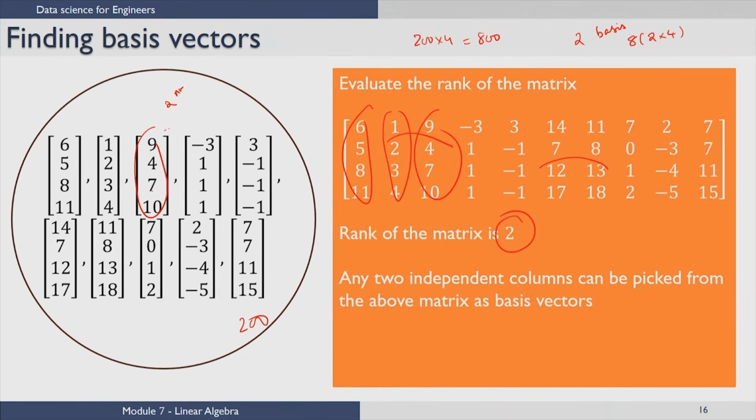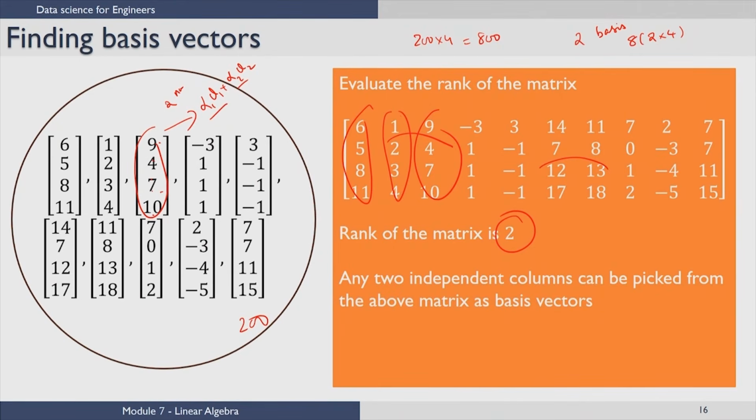Since I have two basis vectors here, there is going to be some number alpha 1 times the first basis vector plus alpha 2 times the second basis vector, which will give me this sample, right. So, instead of storing these 4 numbers, I could simply store these 2 constants, and since I already have stored the basis vectors, whenever I want to reconstruct this, I can simply take the first constant times V1 plus the second constant times V2, and I will get this sample.